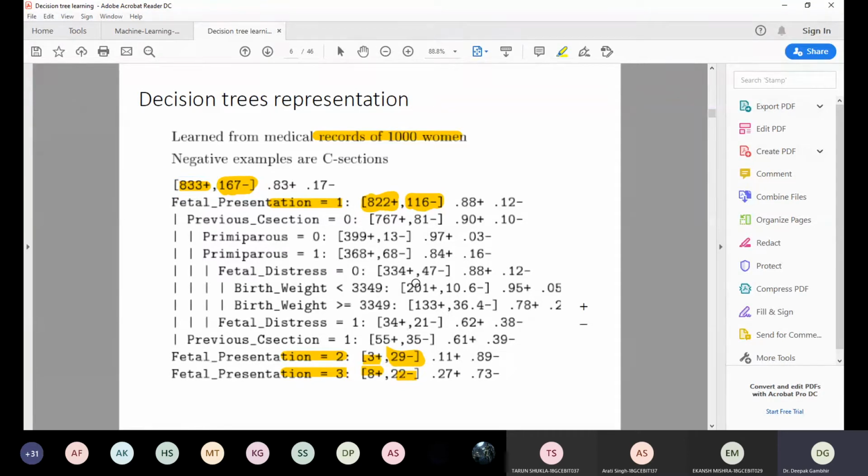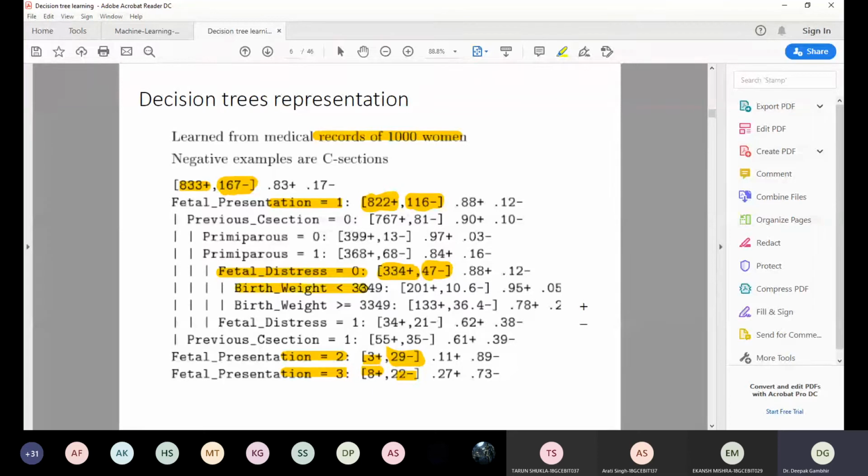So this is just an example of how a decision tree is made from the medical records of 1000 women. Similarly, you can also get in between the classes, if one of the attributes is fetal distress. In the case of fetal distress, there are 334 positive examples and 47 negative examples.